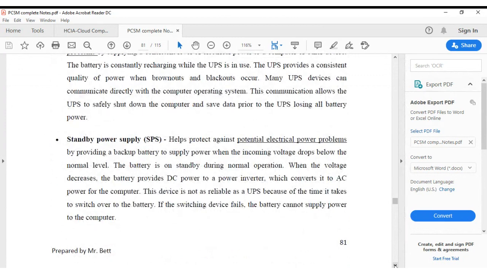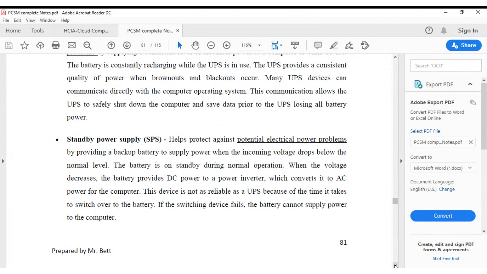They help protect against potential electric power problems by providing a backup battery to supply power when the incoming voltage drops below the normal level. The battery is on standby during normal operation.